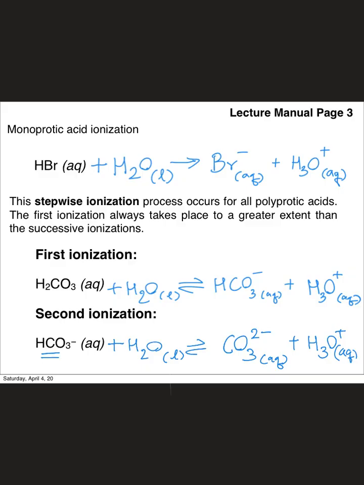Again, as I mentioned earlier, all the acids would give off a proton, and at the end you are going to see the hydronium ion produced. Note that the difference between the first ionization and the successive ionization is that the first ionization would dissociate a lot more than the successive ionization.